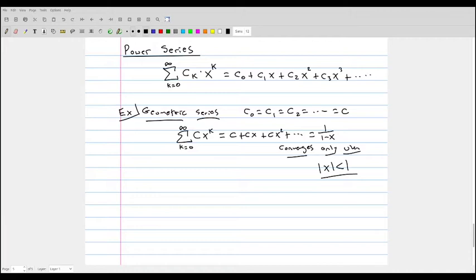And specifically for the geometric series, it converges only on the interval when x is between -1 and +1. For any point x on that interval from -1 to +1, the infinite geometric series converges to the function 1 over 1 minus x.